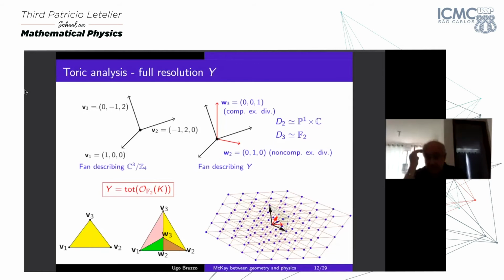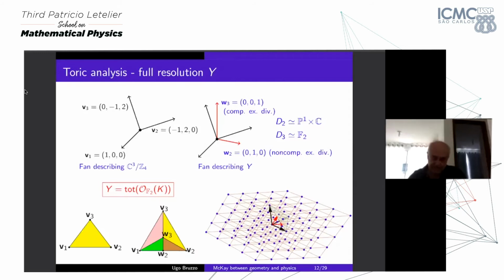In toric geometry, the rays in a cone or in a fan correspond to divisors, namely irreducible subvarieties of codimension 1. And therefore, W2 and W3 correspond to 2 divisors. These are the 2 divisors that we are adding, because we are adding these 2 new rays, W2, W3. And these are the irreducible components of the exceptional divisor.